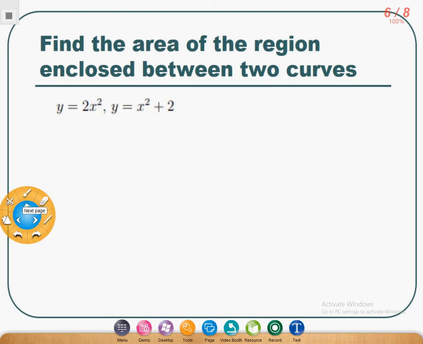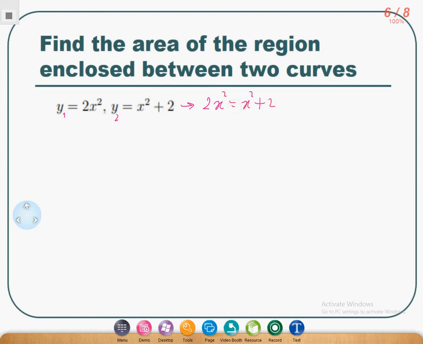Yes, you have here y1, y2. First of all, put y1 equals y2 to get A and B. It will be 2x squared equals x squared plus 2.